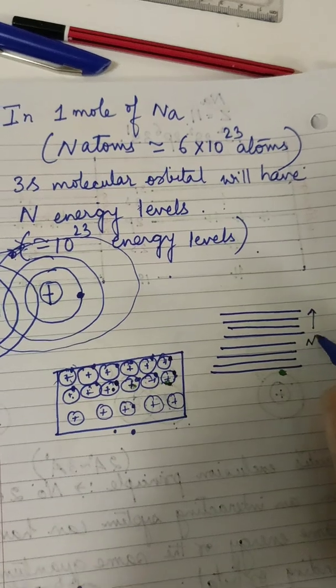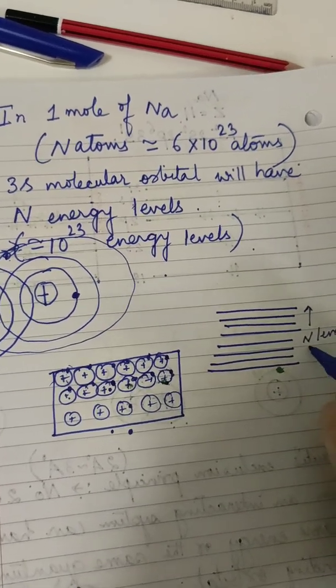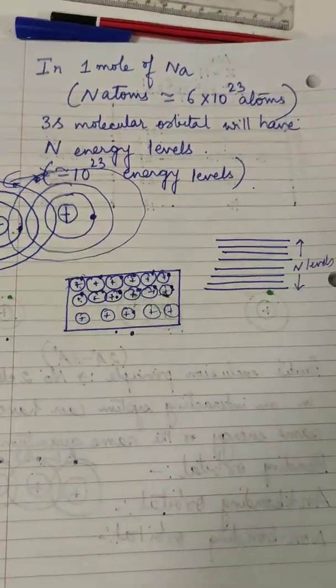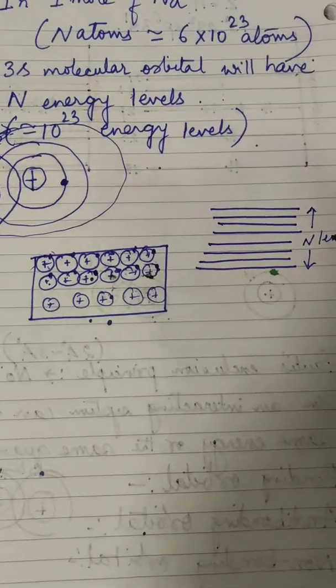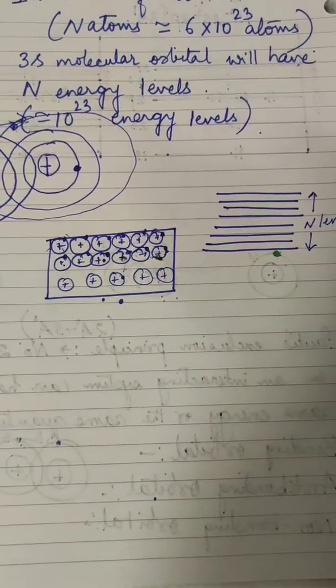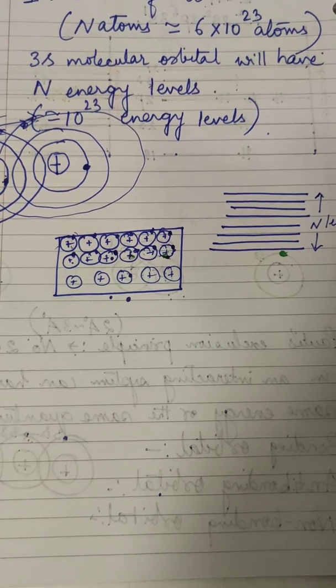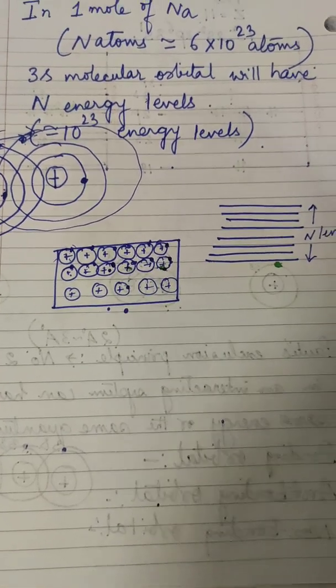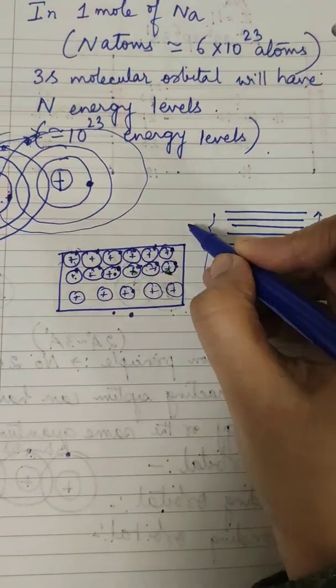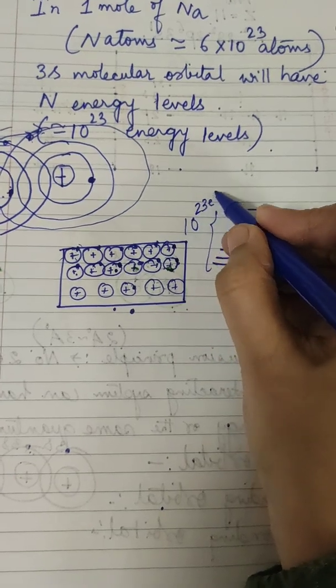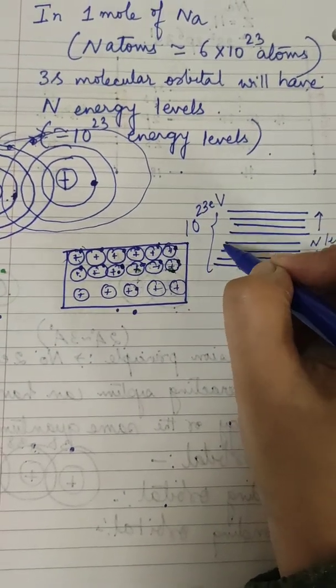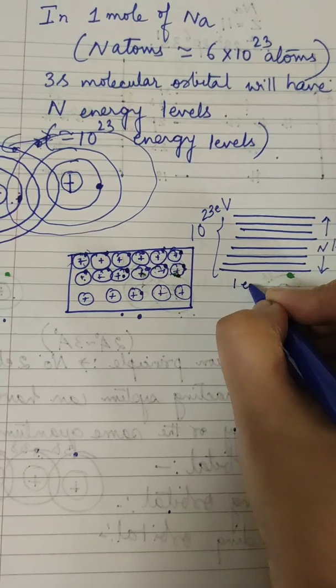It gets split up into n levels. The 3s orbital gets split up into n energy levels. Now n is 10 to the power 23 maybe, and the width of this energy band is 1 electron volt.